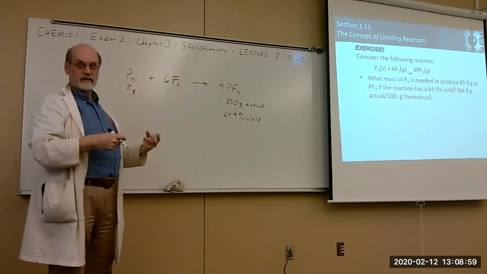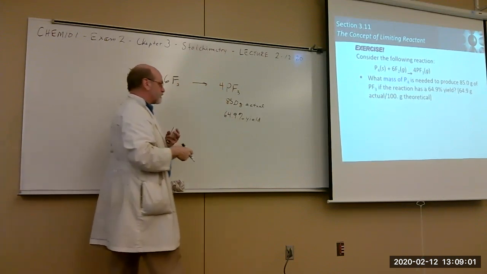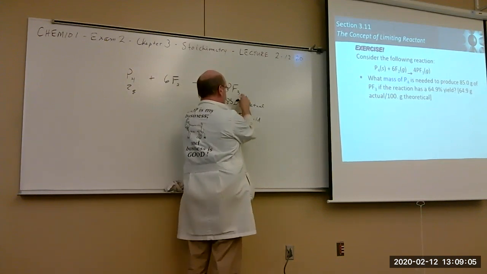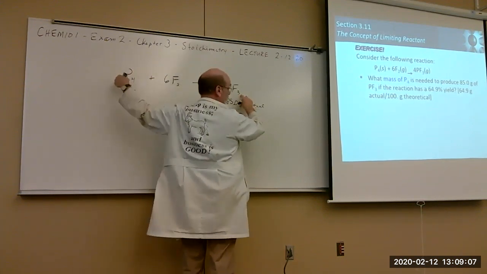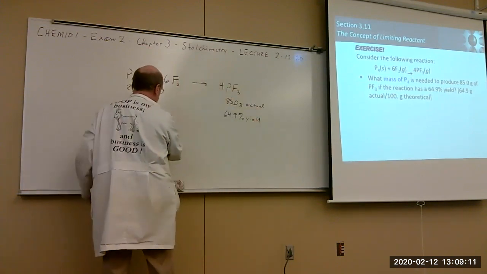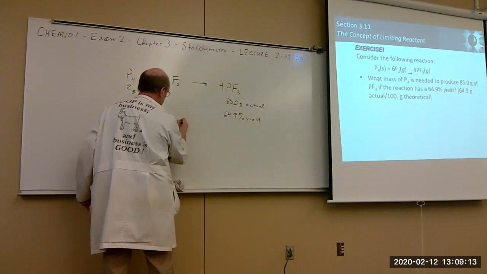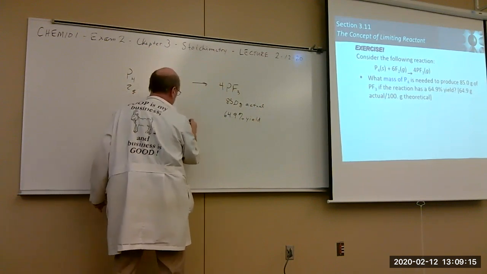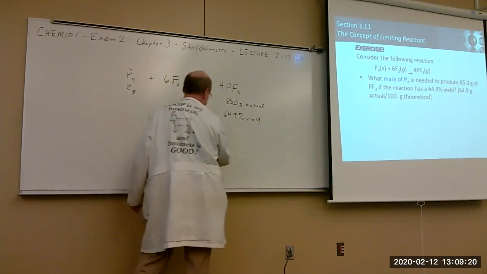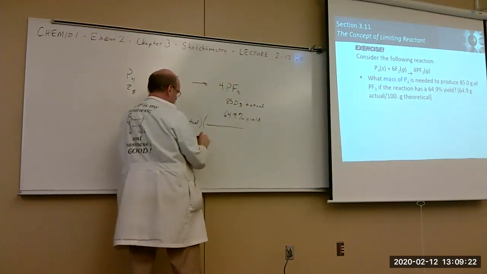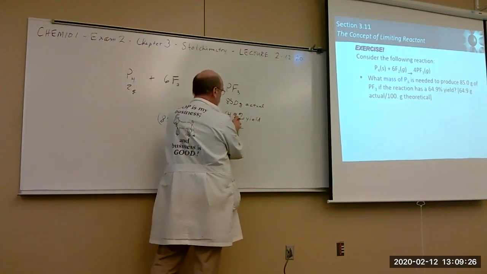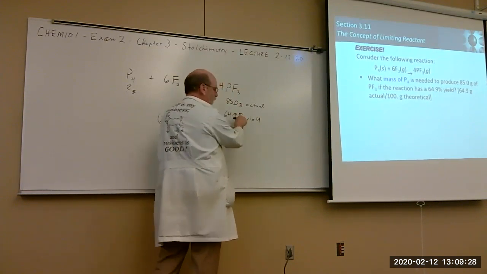Right, see the problem? So what you have to do is find out what the theoretical amount is here. Then you can go back to there. So the theoretical amount is in terms of, you're going to convert 85 grams actual. And the yield is going to be 64.9 grams per 100, parts per 100.